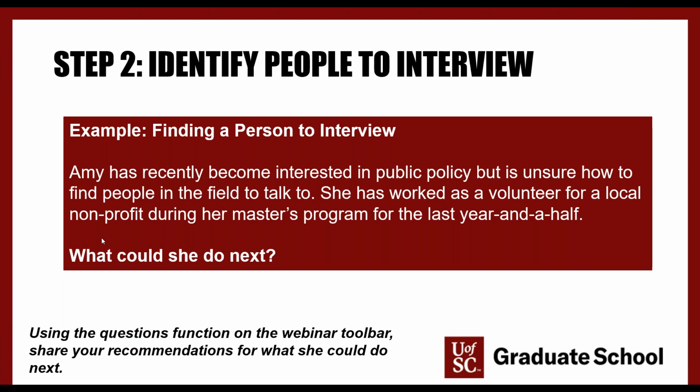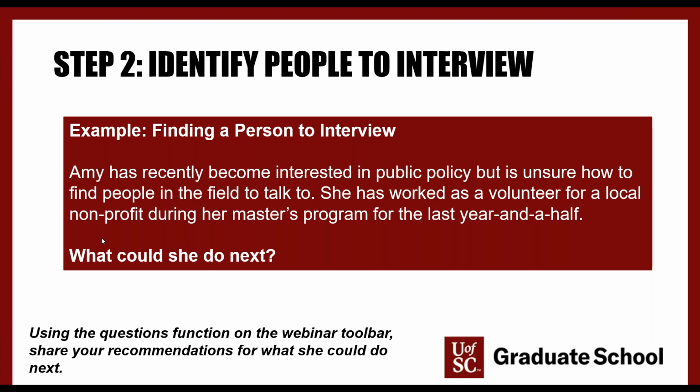So one example is she could talk to whomever is her supervisor in the local nonprofit to find out if that local nonprofit is connected to advocacy and policy activities in the area. She could begin by also identifying her own elected officials at the local, state, or even national level, and find out who are the people within their offices doing the public policy work.